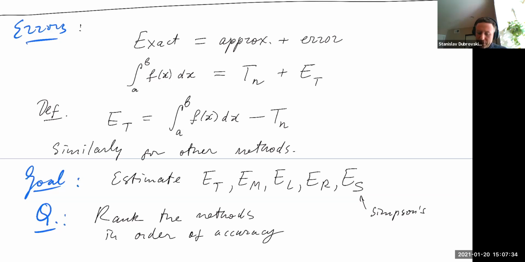So rank them in order of accuracy and tell me your guesses, or look them up on Wikipedia or somewhere on the internet if you're stuck, and try to understand why one is more accurate than the other. So we'll see which methods rank best, and also we'll try and answer the question why. That's of course the most important one.